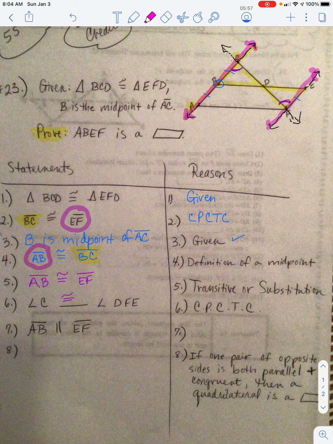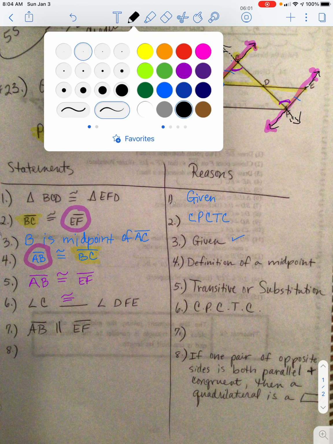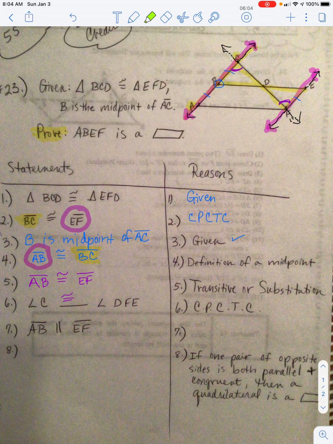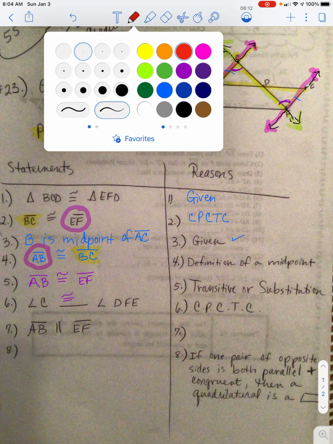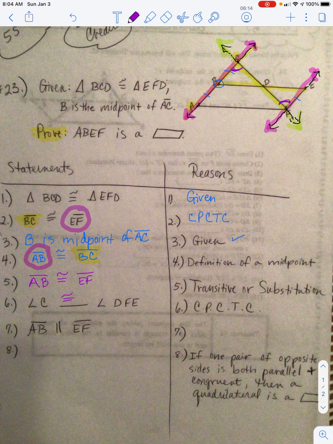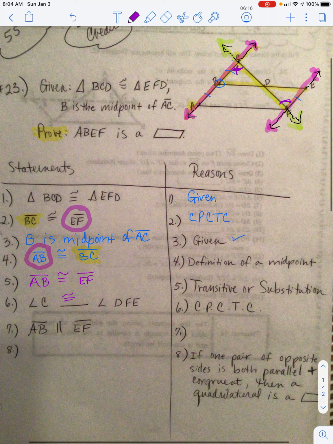and this line must be parallel because as that transversal cut through there, I'll do this in green so you can see it. As that transversal cut through there, notice what it did. It created two equal angles, put little tick marks on there.